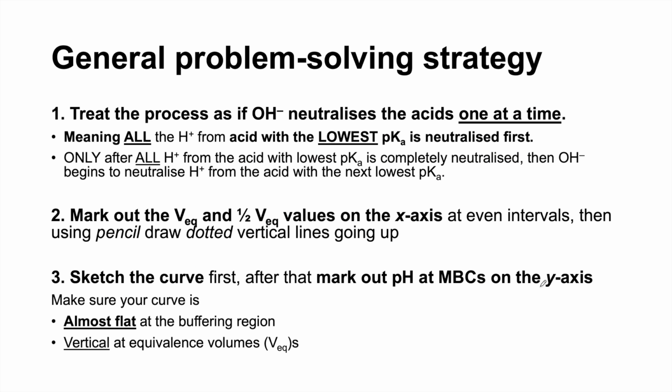Right. So this is my general problem solving strategy. I will treat the process as if OH minus will neutralize the acids one at a time. So I don't care where the H pluses came from. I can assume that the acid with the lowest pKa will have all of its H pluses dissociated first, and then move on to the acid with the second lowest pKa, then the third lowest pKa, until everything has been neutralized.